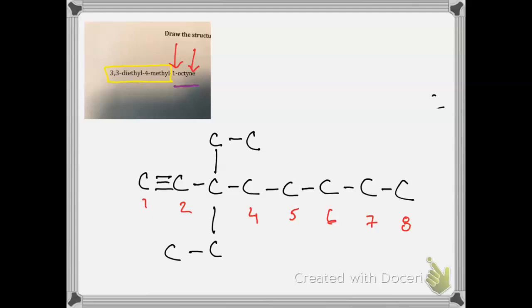So we now have to consider that on position 4, according to this, there is a methyl group, and we know, because we're masters, that that means there must be a carbon hanging off of that methyl group. And that is almost it.